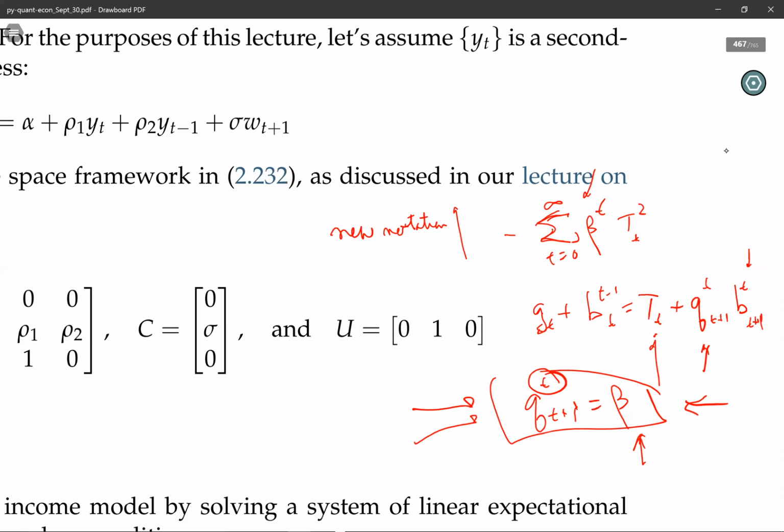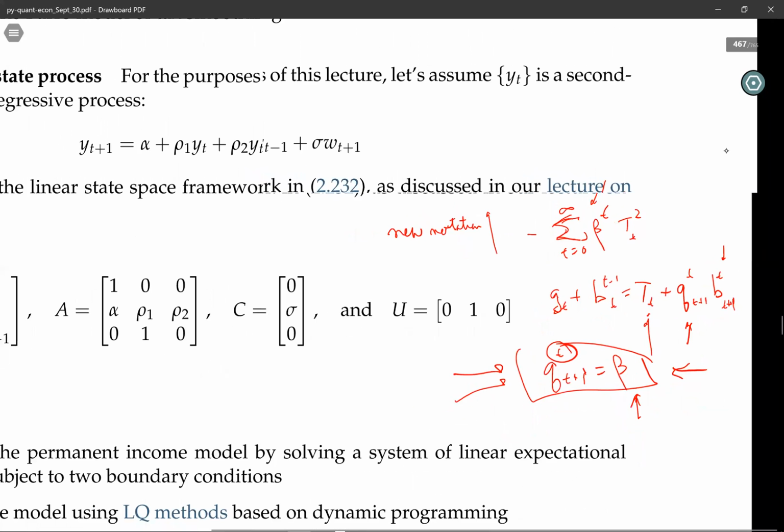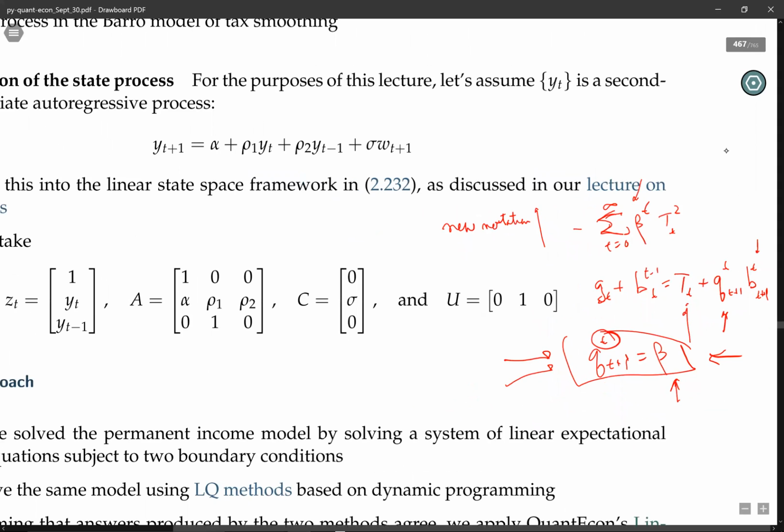And you remember last time, and I think you'll fondly remember this because you've been working on the homework, I gave you a homework where there were one period Arrow security prices and two period Arrow security prices.